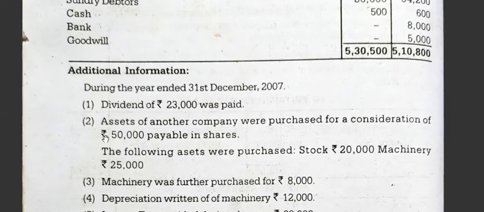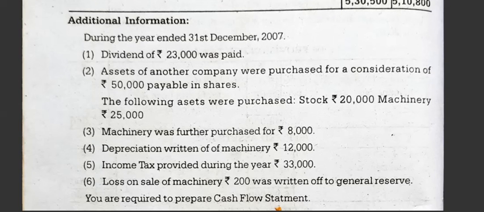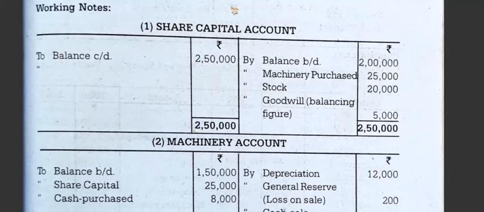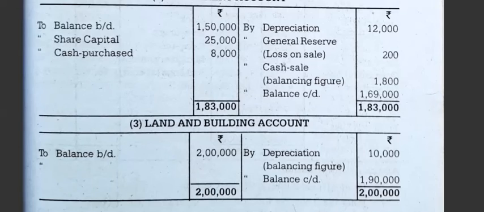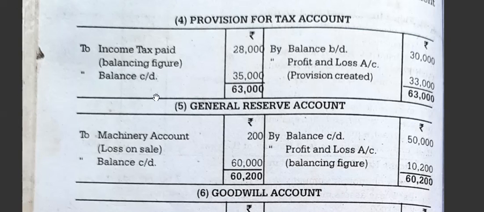See, income tax provided is nothing but provision created, 33,000. Then find out the difference, which will be tax paid, income tax paid, that is 28,000.